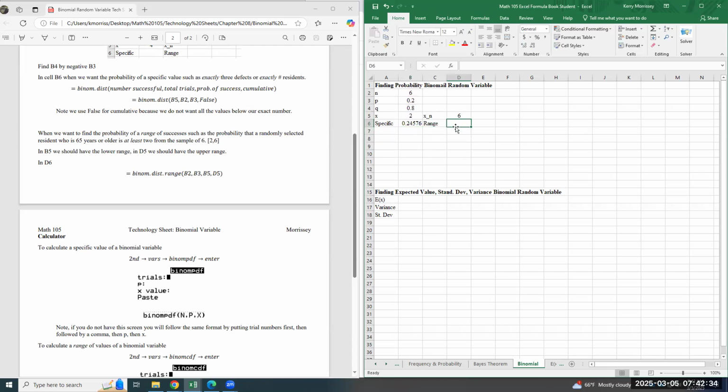So if we're looking at a range of items, this is where in D6 we can have your range. So equals BINOM.DIST, and this is where you can see that range.